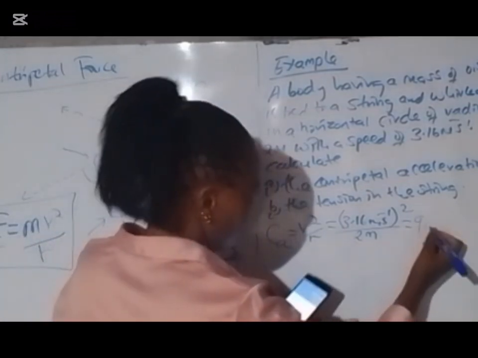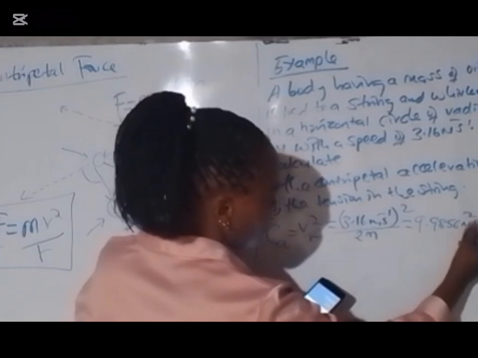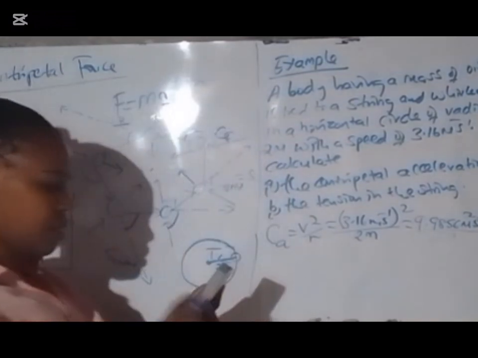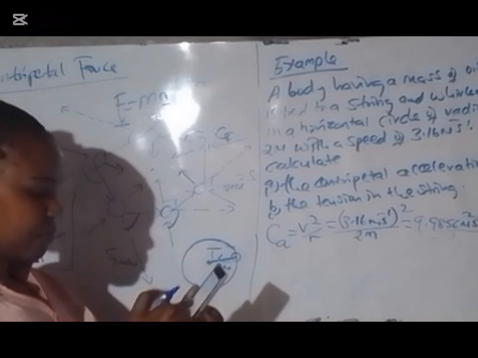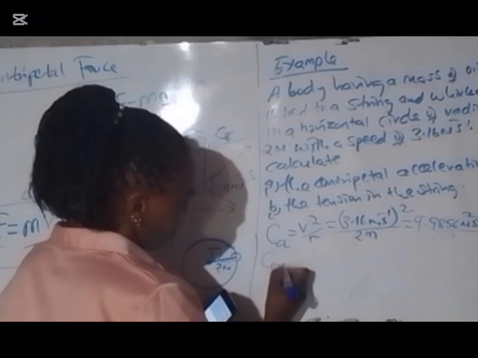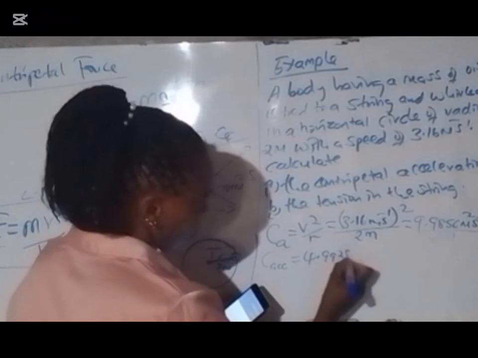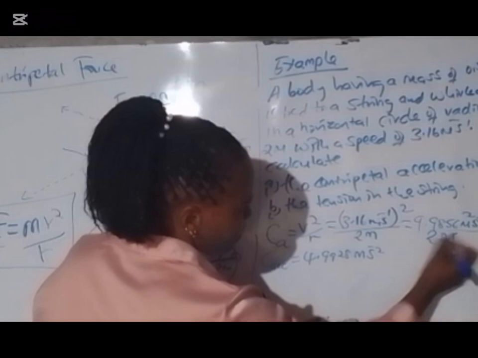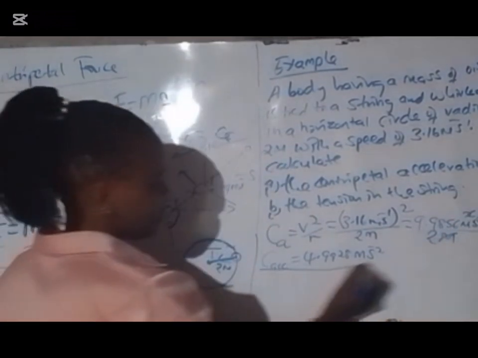That's 9.9856 meters squared per second squared divided by 2 meters. So the centripetal acceleration equals 4.9928 meters per second squared. Remember, meter cancels with meter, so we are left with meters per second squared. That is part A.